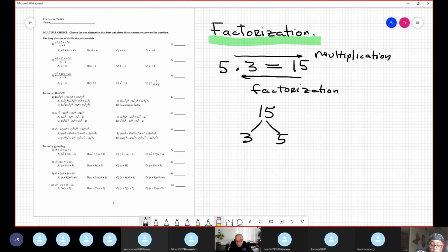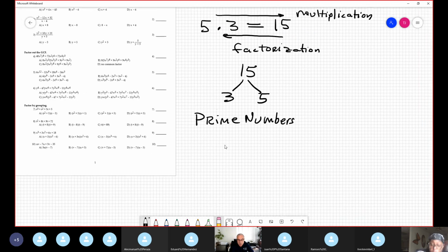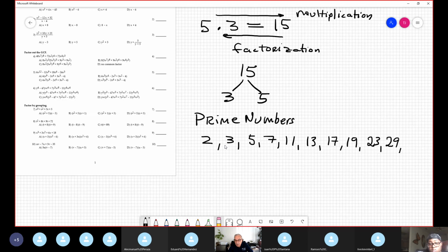Prime means prime numbers. A prime is a number that, by definition, is only divisible by itself or 1. The collection is infinite. The most typical prime numbers are 2, 3, 5, 7, 11, 13, 17, 19, 23, 29, 31.